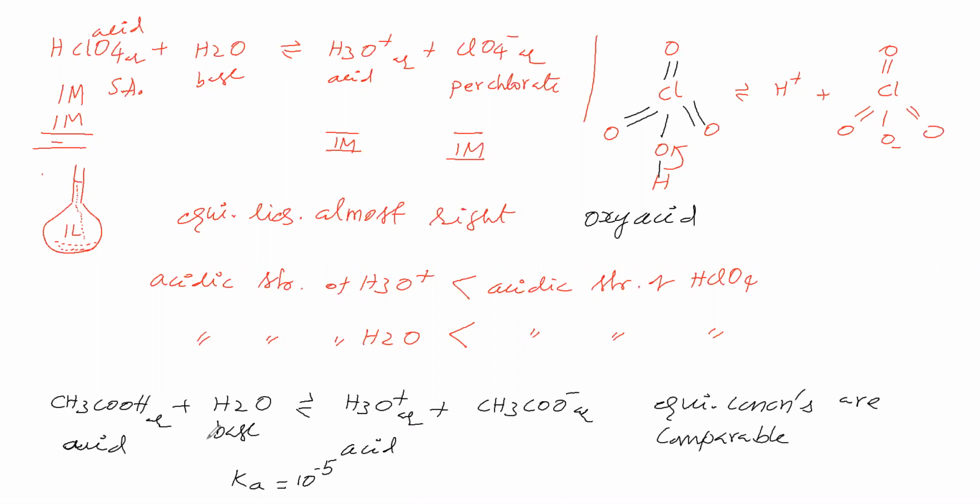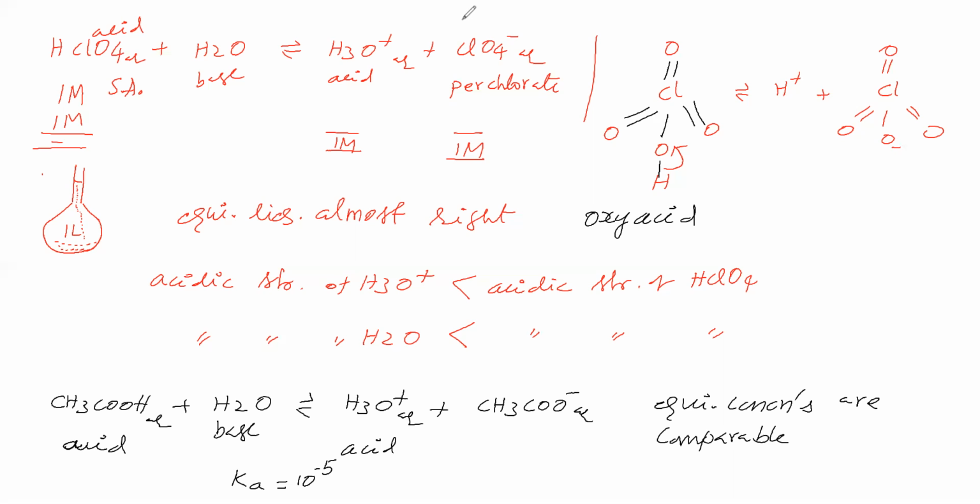Whatever substance you take, can you call that substance always an acid? Never. We have seen HCl. We passed HCl gas into benzene. What happened? Nothing happened. In that place, HCl is not an acid. We cannot say whether HCl is acid or base.